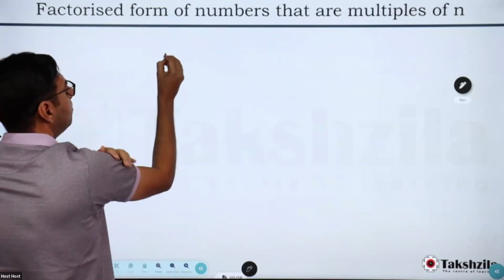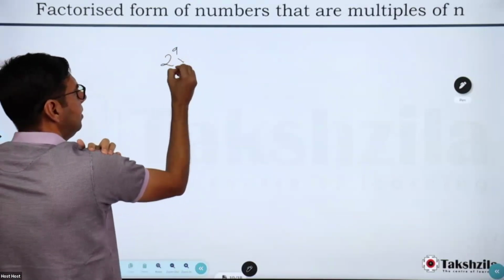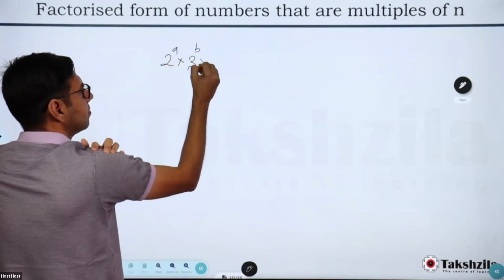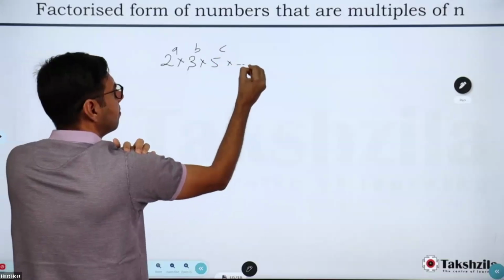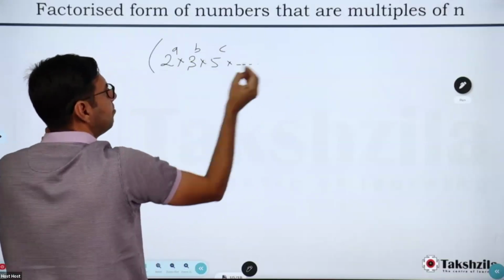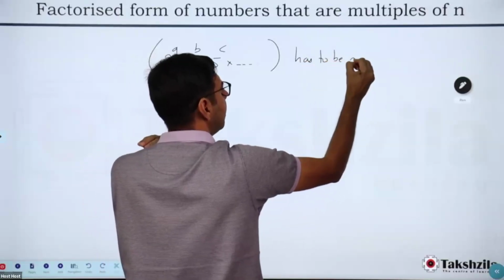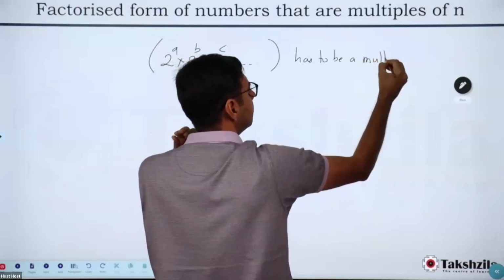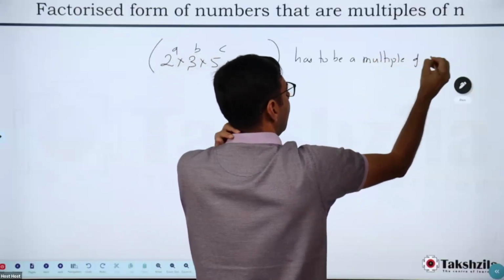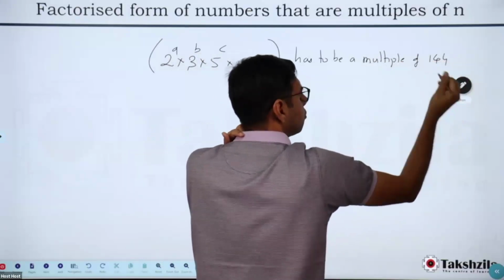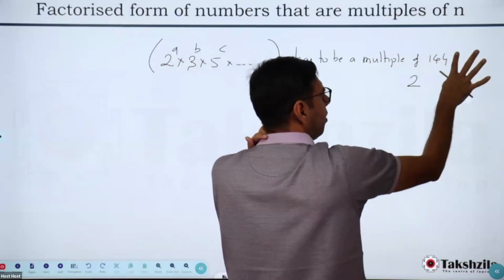So when is this number, if I say this number has to be a multiple of, let's say, 144? So 144 is nothing. Oh, okay, not 144.